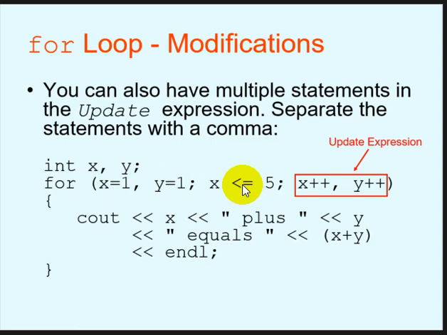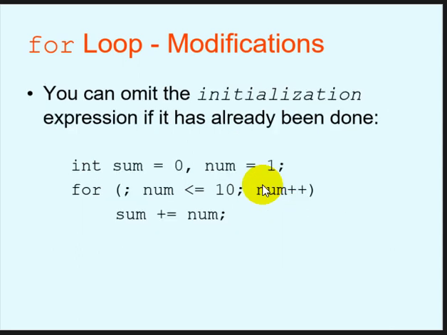So we have two logical operators, and and or. The purpose of these logical operators is to connect two or more logical expressions. As far as initialization and update are concerned, you can do multiple things with the comma, but not with the test condition.